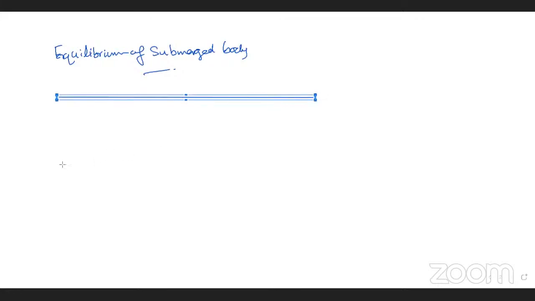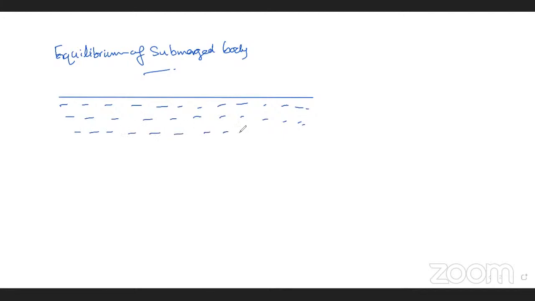Let's say there is a liquid below this line. The liquid is below this, right? So then I have an object.